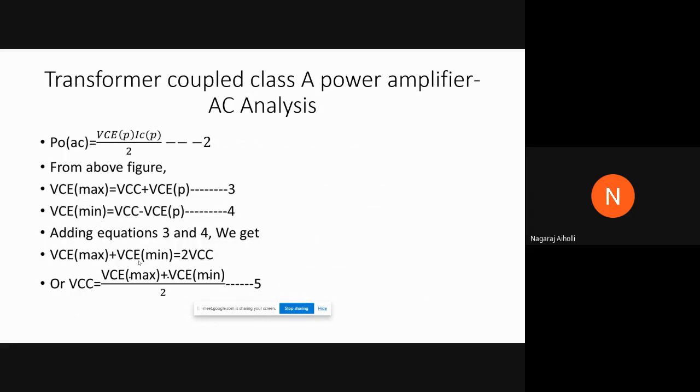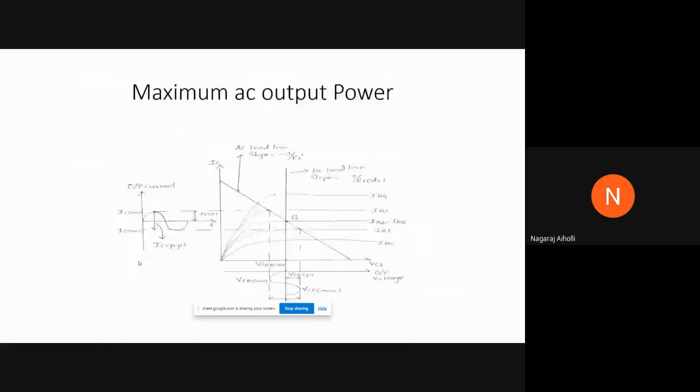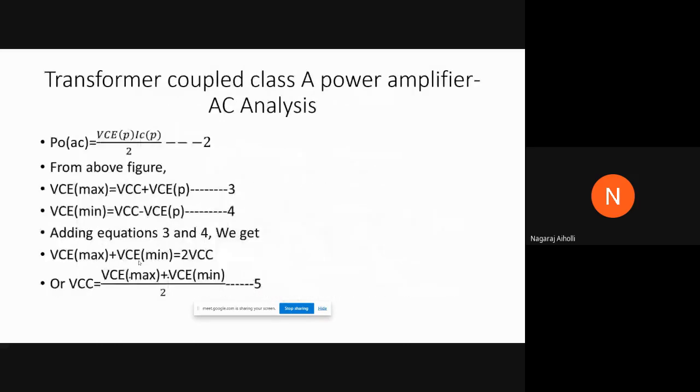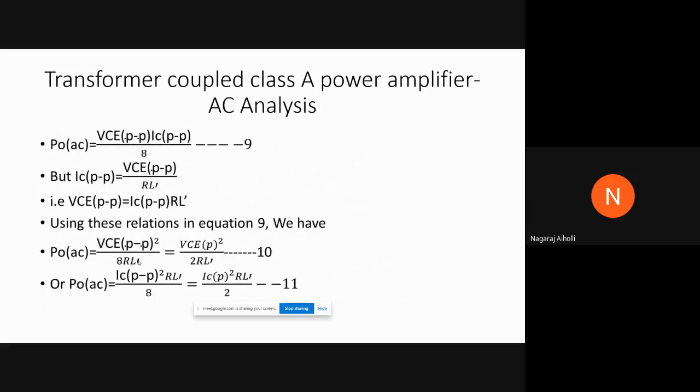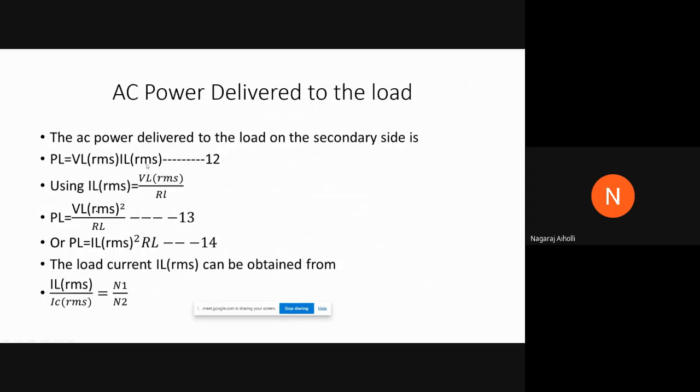The various equations that we got for the maximum AC output power, that is P0 AC: one equation is P0 AC is equal to VCE peak square by 2 RL dash. Another one is P0 AC is equal to IC peak square into RL dash by 2. Then P0 AC is also equal to VCE peak to peak into IC peak to peak by 8. These are a few of the equations for the maximum AC output power.